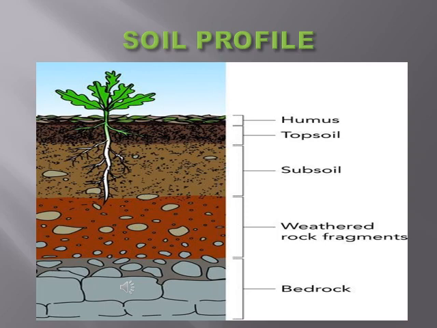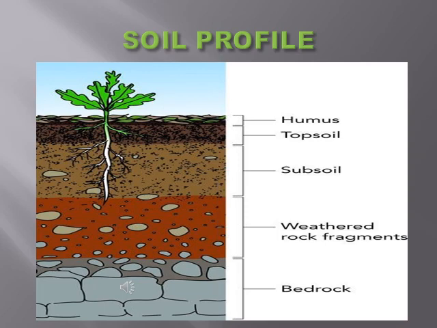As I told you earlier, if igneous rocks are present in this bottom part, naturally the soil will be black soil. So what is happening here: down you can see bedrock or parent rock. Just above it you can see weathered rock fragments. Last year you learned about weathering.